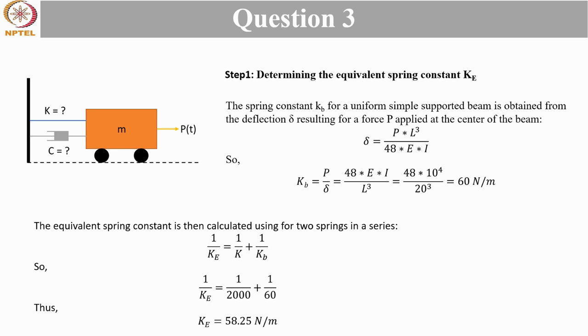So 1 upon Ke will be equal to 1 upon 2000, that is the stiffness coefficient of the spring, plus 1 upon Kb, that is 1 upon 60 that we calculated right now for the beam. After calculation, you will get Ke equal to 58.25 Newton per meter. So this is the equivalent spring constant.